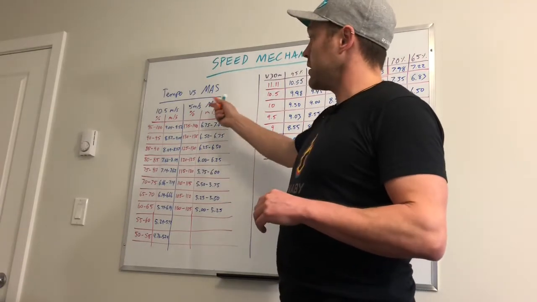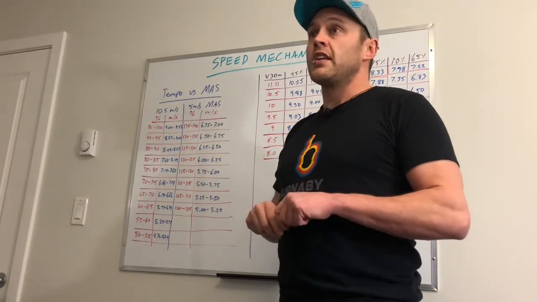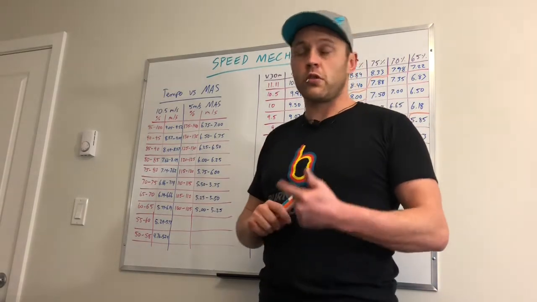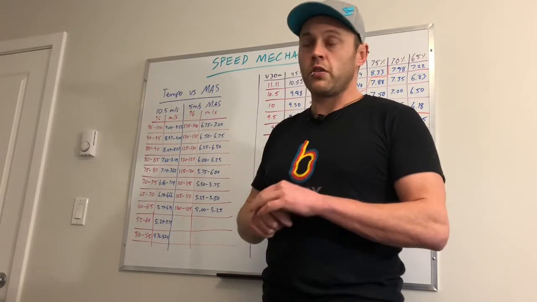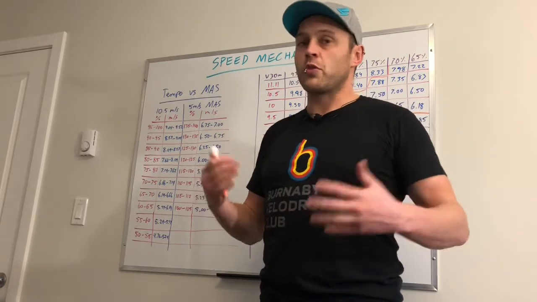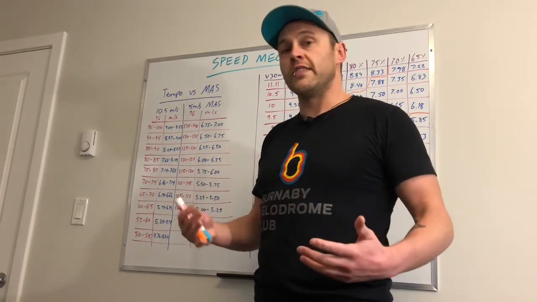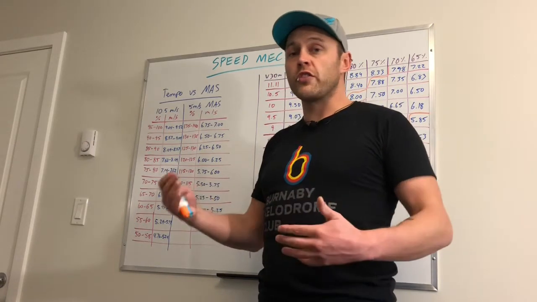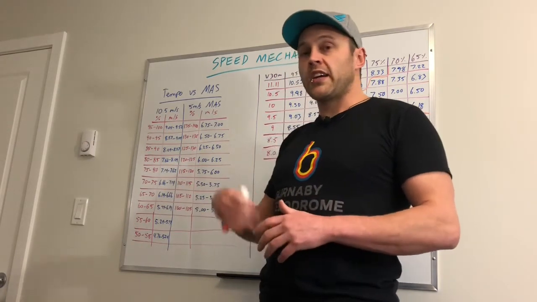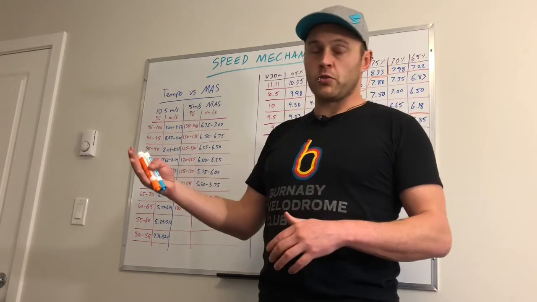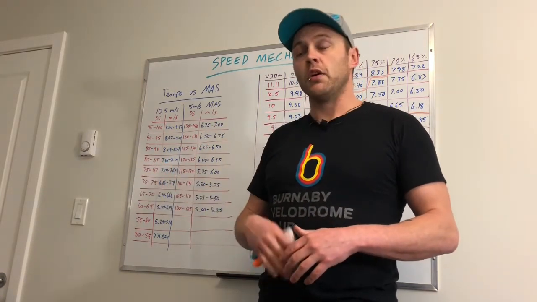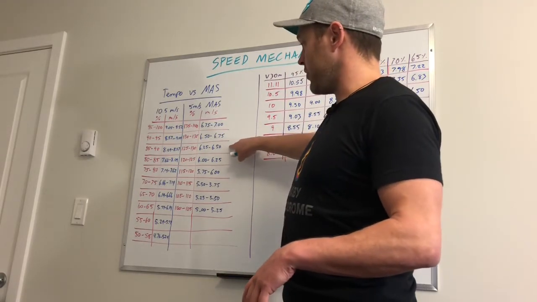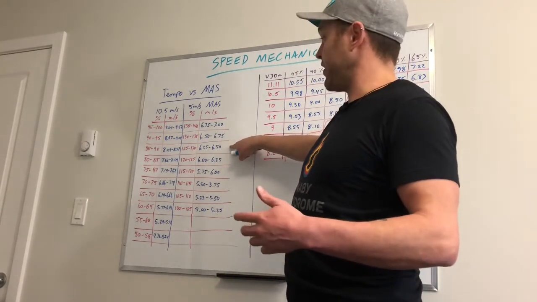When we look at MAS, this would be calculated based off of your beep test score, your yo-yo score, or 30-15 score. These are all just general aerobic tests that you might do in a team setting. Coaches usually use them for tracking purposes, but you can actually find out your maximal aerobic speed and then program off of that. Commonly you'll see coaches use about 130%.